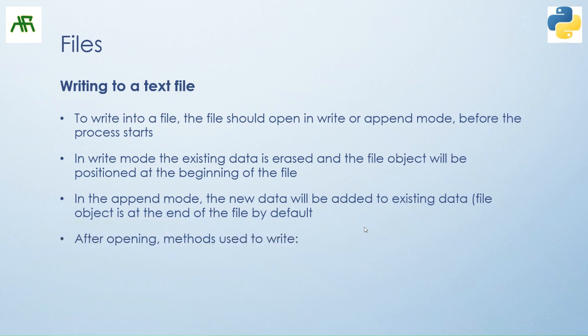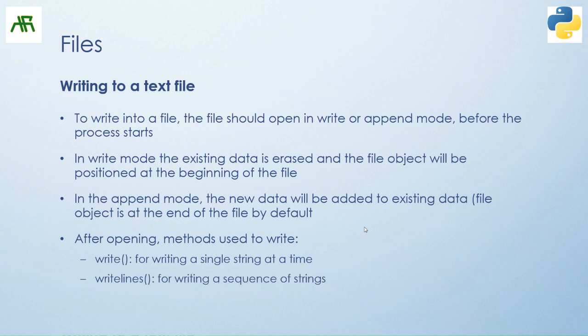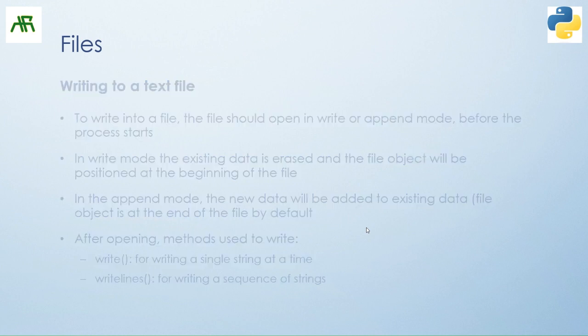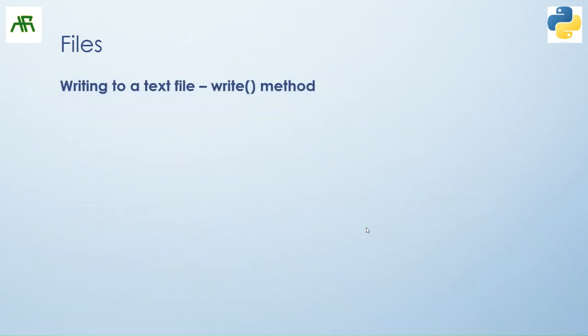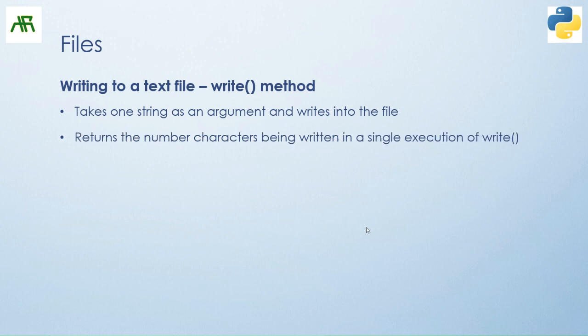After opening, the methods used to write are write, for writing a single string at a time, and writelines for writing a sequence of strings. The write method takes one string as an argument and writes into a file.